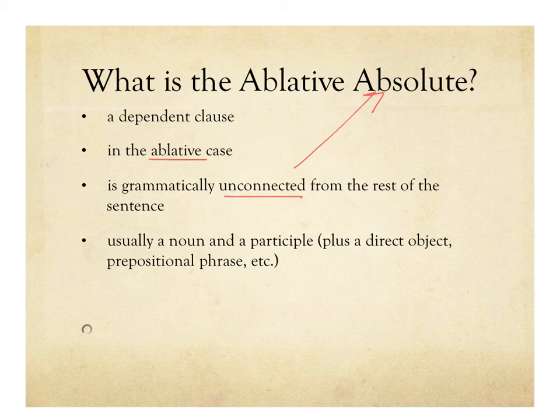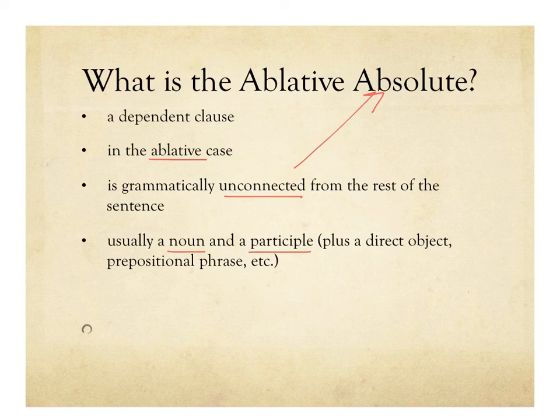It is usually a noun and a participle, and both the noun and the participle are in the ablative case, and both of them agree in case, number, and gender. And sometimes it can also have a direct object or a prepositional phrase or something like that.